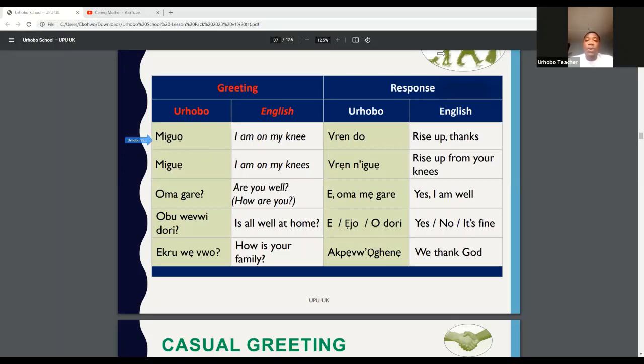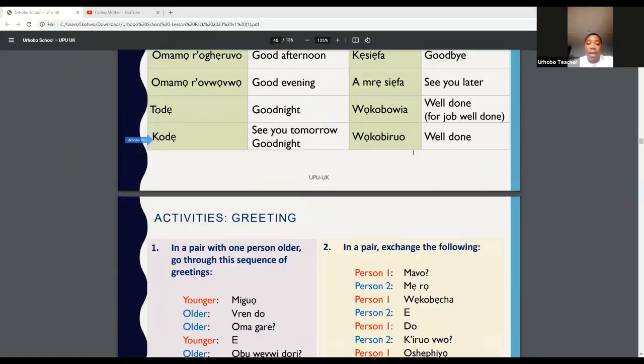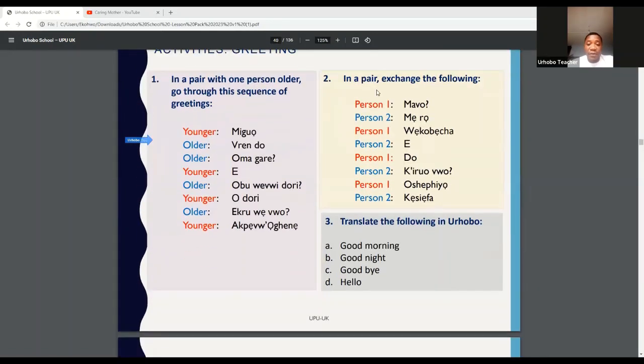Okay, so let's do role playing. You volunteer if you want to be part of the role play by raising your hand, and then I'll call two persons.